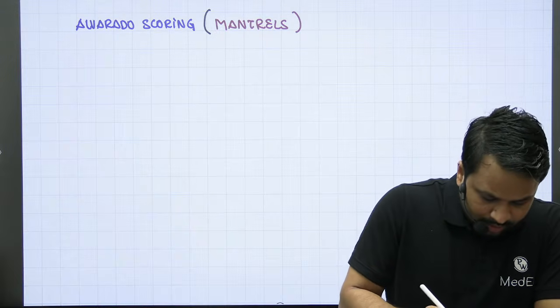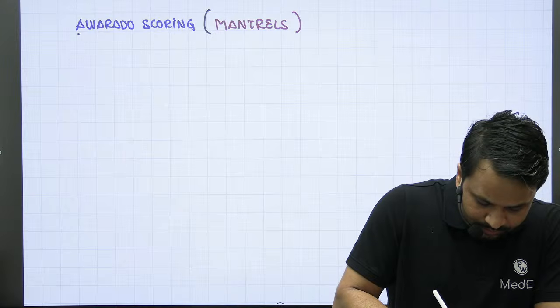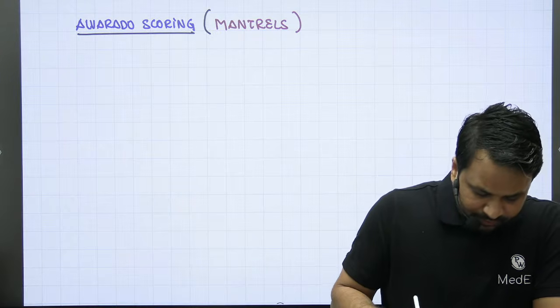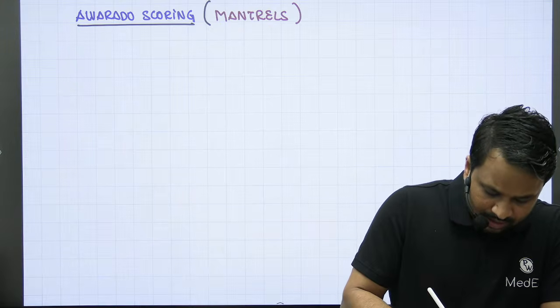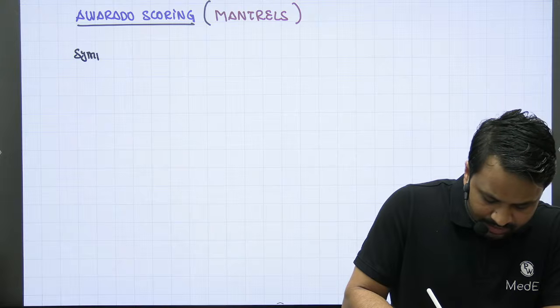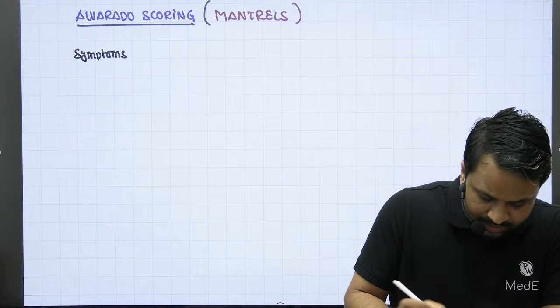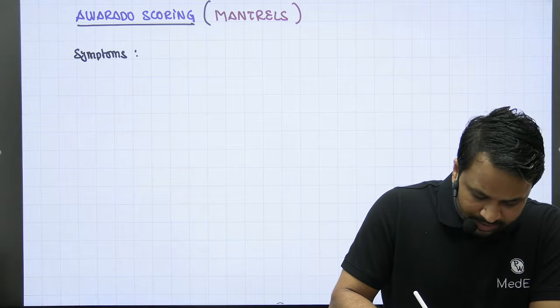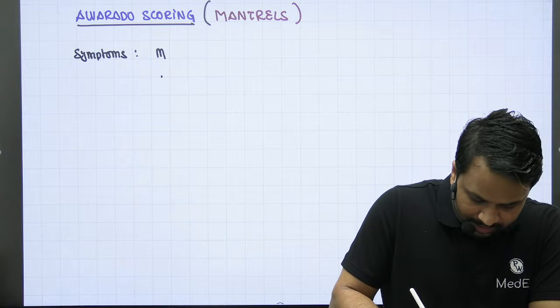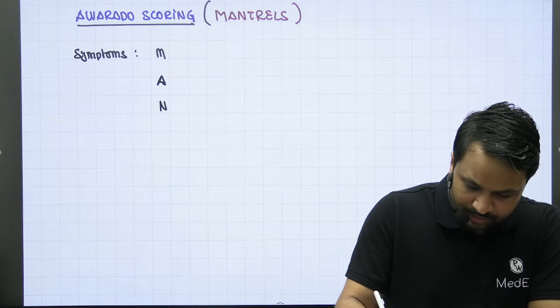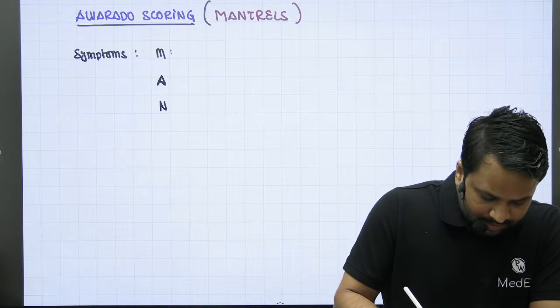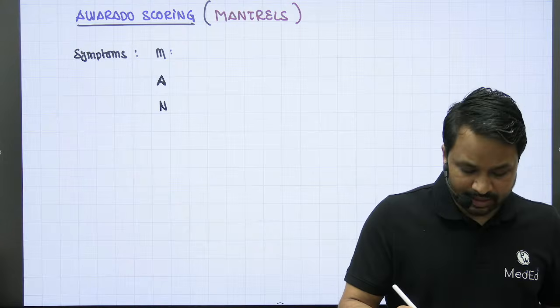Now, according to the Alvarado scoring system, the first set that you will see are considered to be symptoms. The symptoms will be presenting with MAN, that is your MANTRELS mnemonic. M stands for migratory right iliac fossa pain.